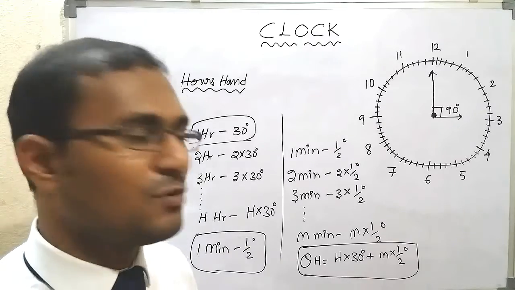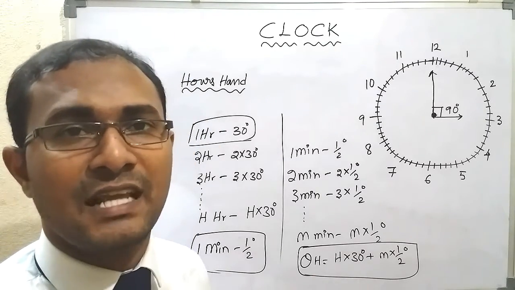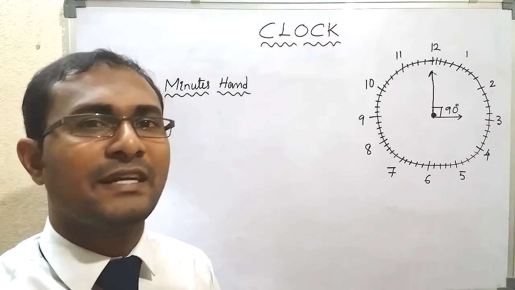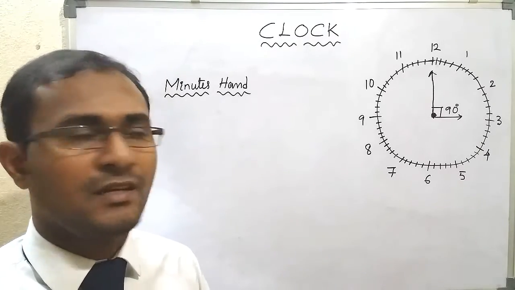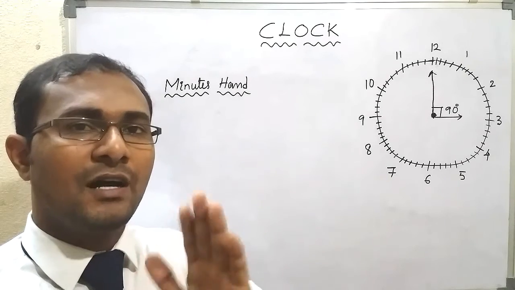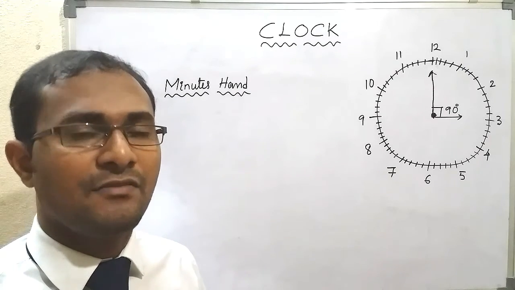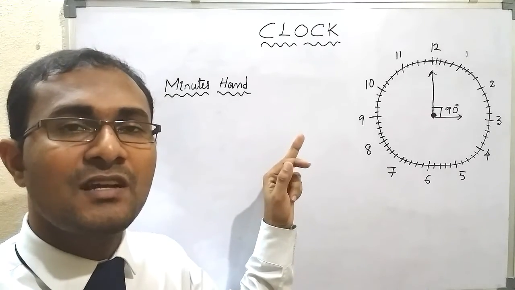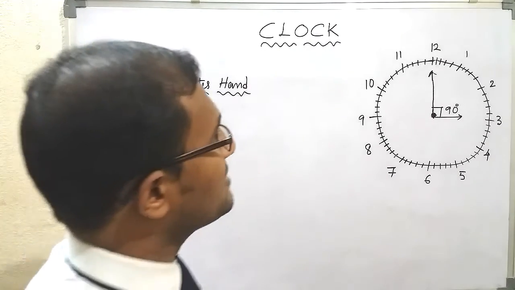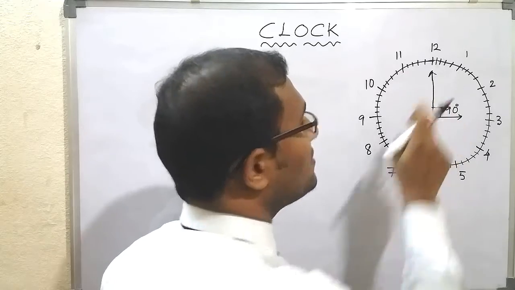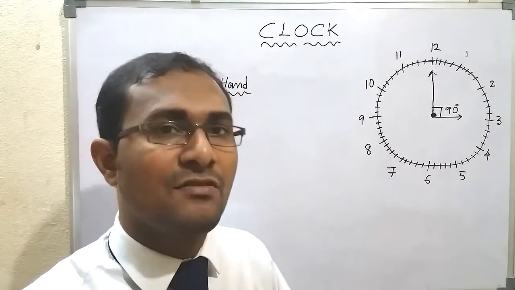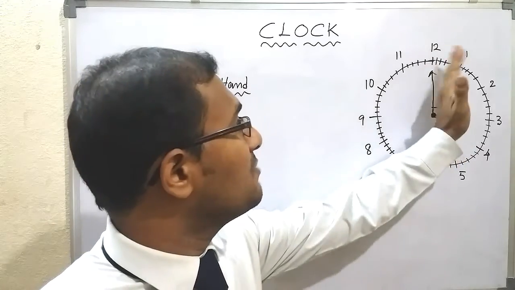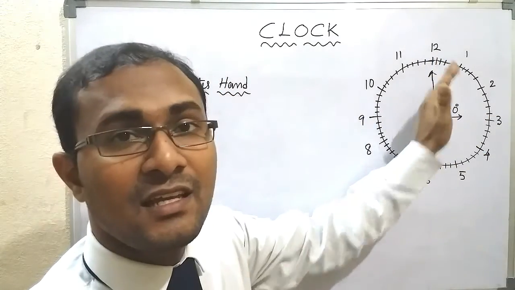Now let us see how to find the angle covered by the minutes hand. Now let us see one more condition, the minutes hand condition. As we have discussed, the hours hand resets its position after every 12 hours. In the same way, the minutes hand resets its position after every 1 hour. For example, now the minutes hand is on number 12. After how many minutes does the minutes hand come to the same position again?